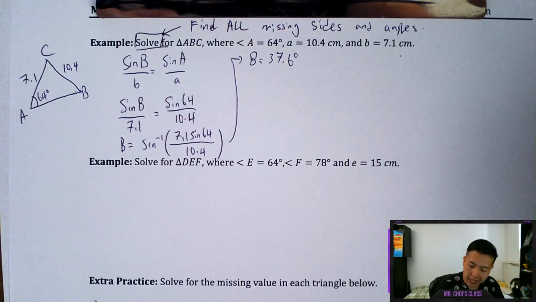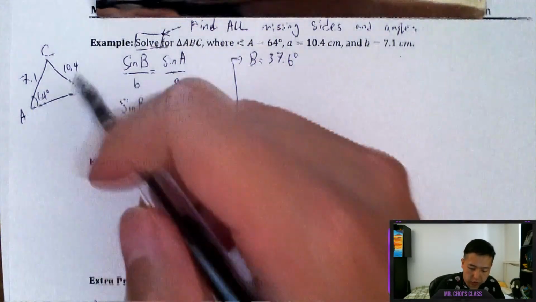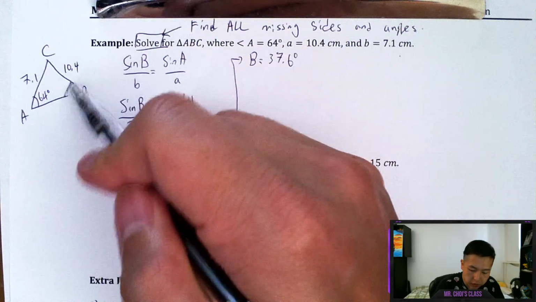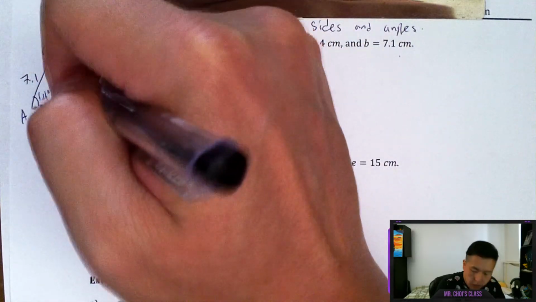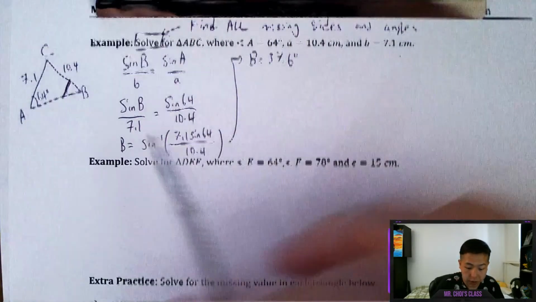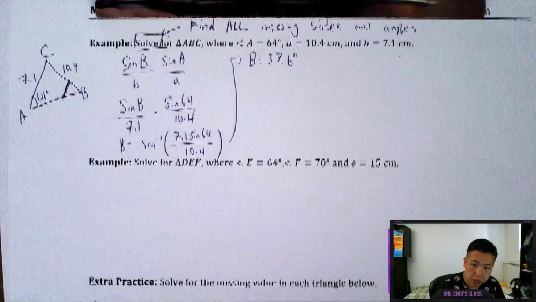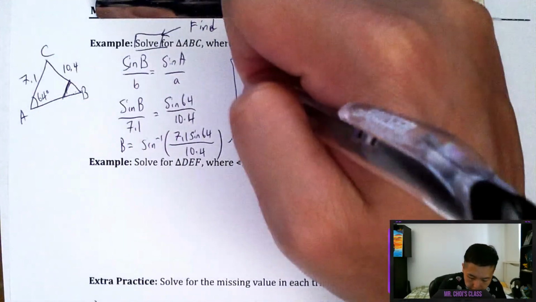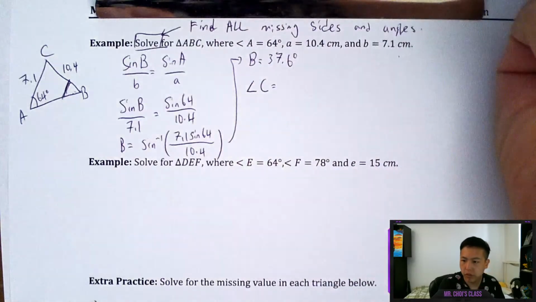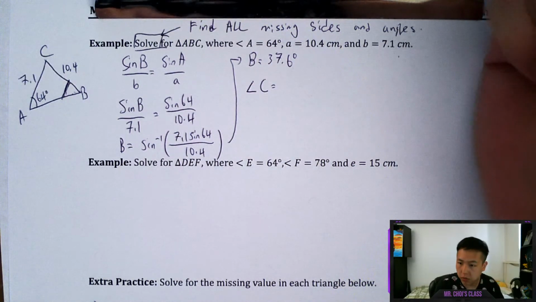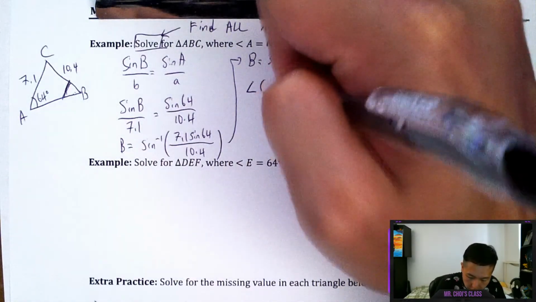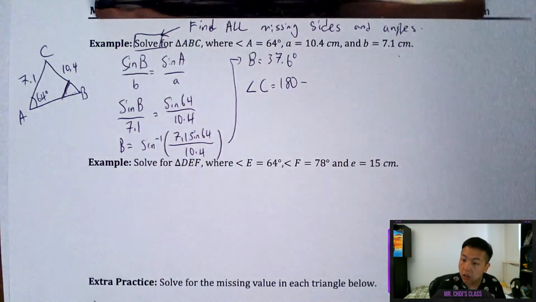So once we find that angle, we now know this angle. The next thing we can solve for, we have two angles of a triangle, which means we can solve for angle C now. Angle C is pretty easy to solve for. We just need to subtract from 180 our two other angles.